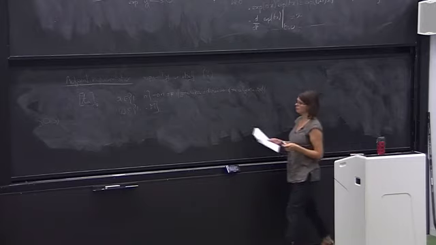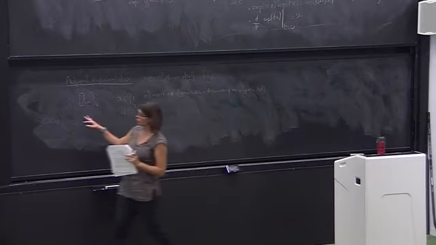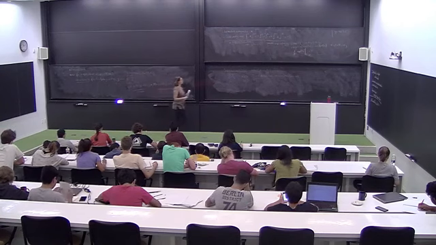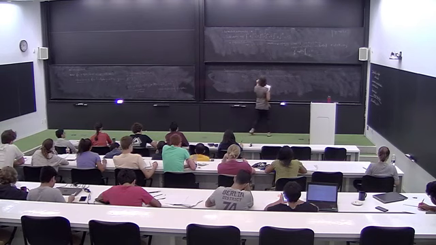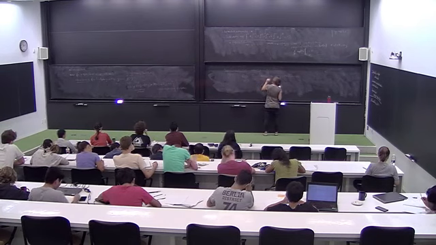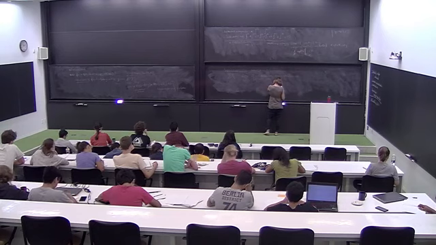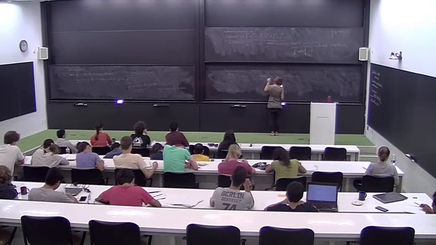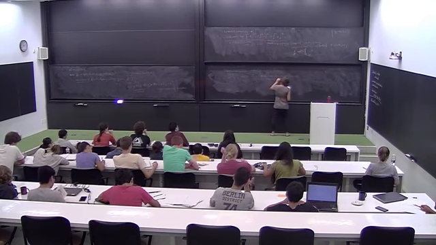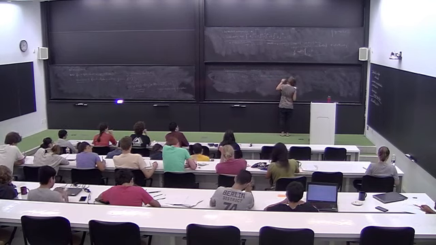And now, what is m? M is the dimension of the representation. Okay, so when you go from here to here, you don't necessarily have the same dimension. So here, m is the dimension of the representation, and you see that they don't have to be the same.